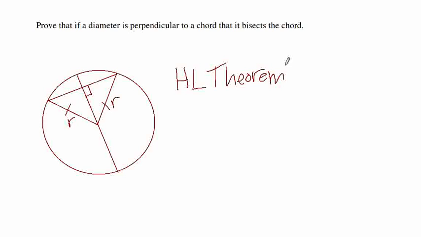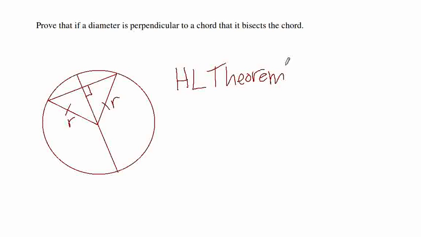Now, you do have two pairs of sides, but you can't use the SAS theorem because the congruent right angles are not in between the two pairs of sides that you know are congruent. And there's no such thing as an SSA theorem. So that's why we had to use the HL theorem.